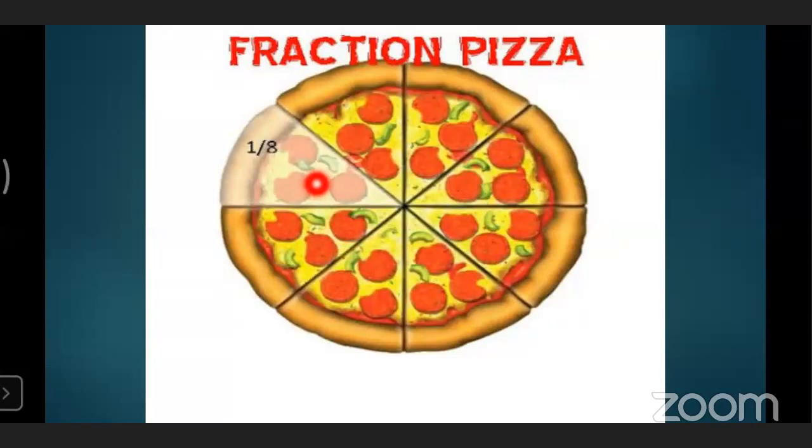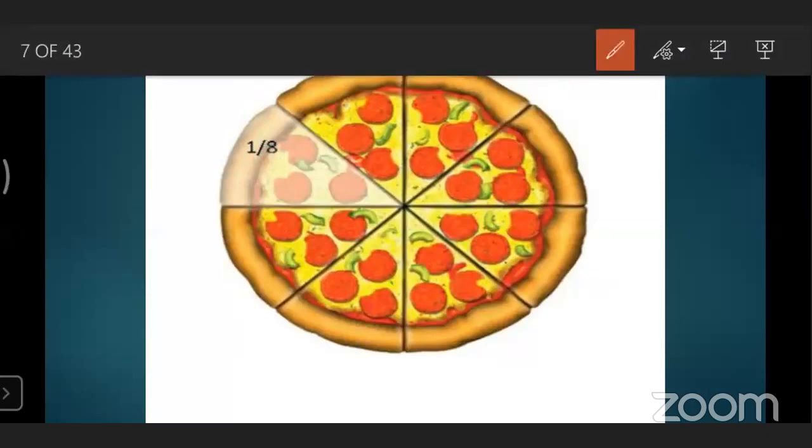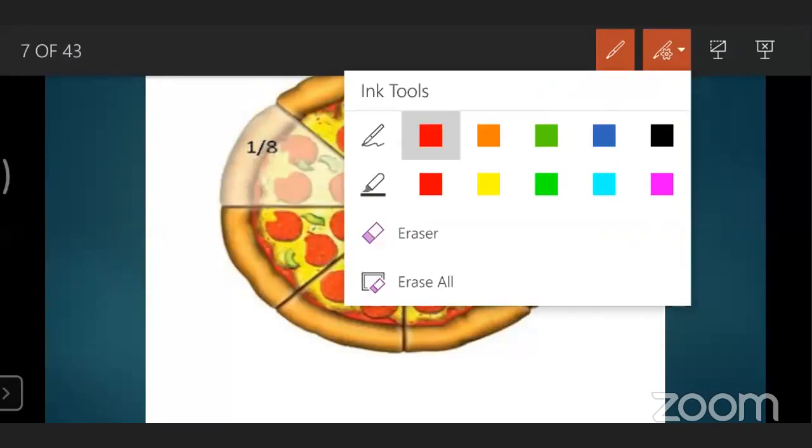We have divided this whole pizza into 8 equal parts and we are taking one part. So its fraction is 1 upon 8. We read this as 1 upon 8, right?